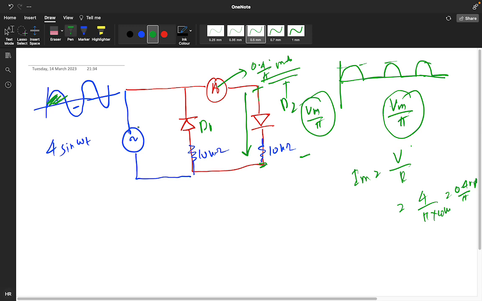Now that was for the positive half cycle. If it is the negative half cycle, what will happen? This particular diode will conduct, means your D1 will conduct and D2 will be off. This one is conducting, so it becomes a short, and the ammeter branch becomes an open circuit because it is not conducting.